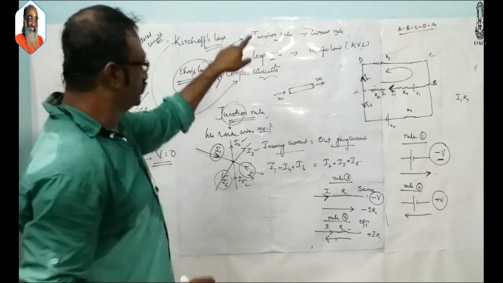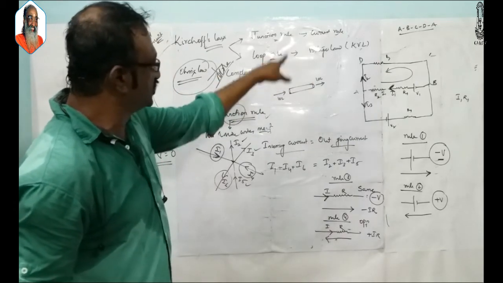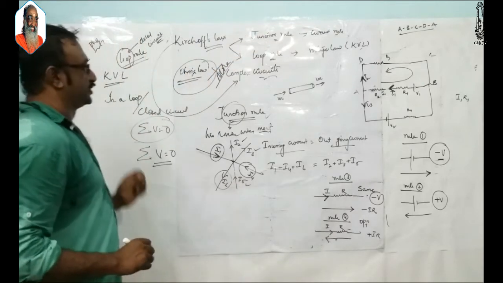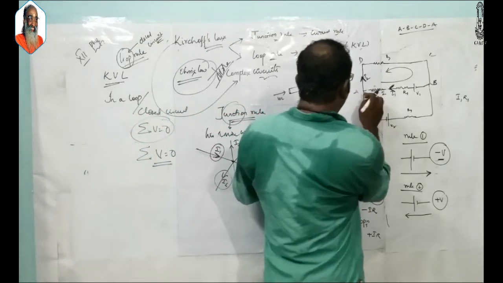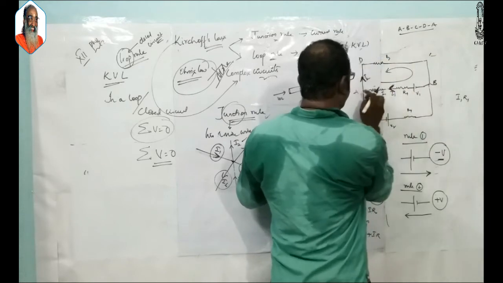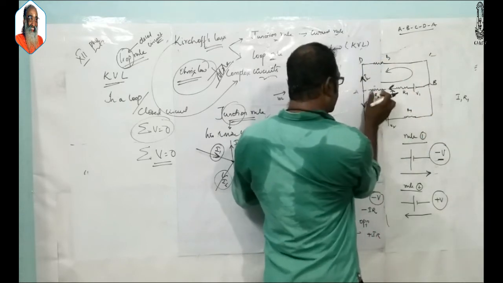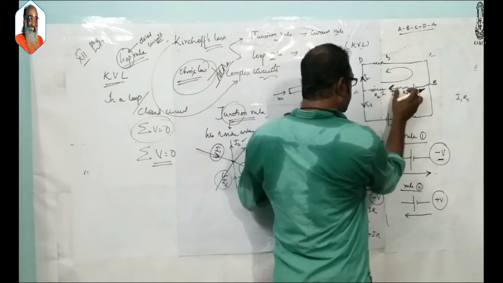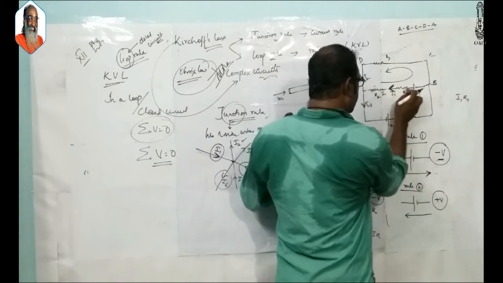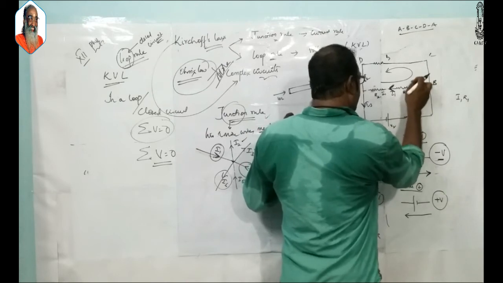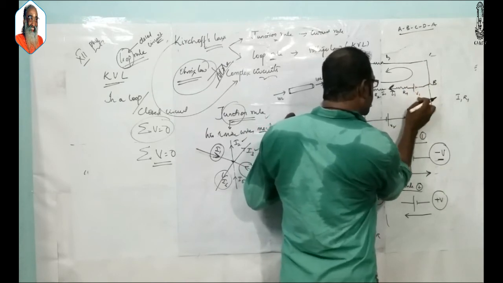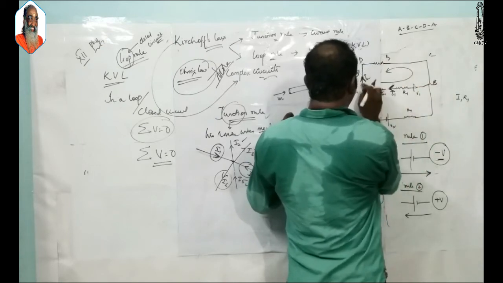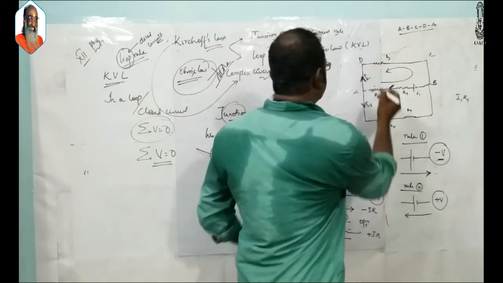So now A, B, C, D, A. In this loop here is a component and the current I1 is there in that. Here a battery is there whose terminal voltage is V1. And here R3 is there and the current is I2 in that. So now I want to apply Kirchhoff's rule to this.